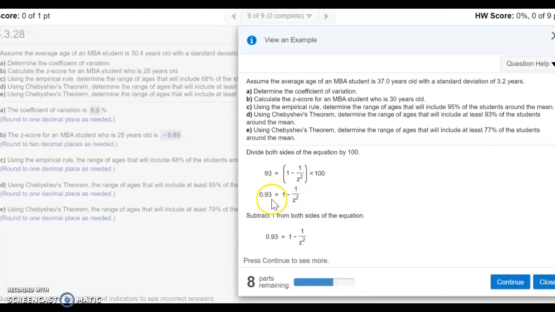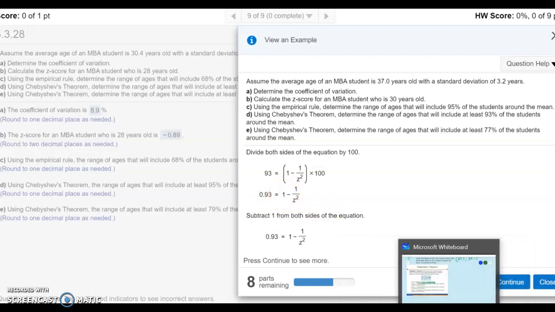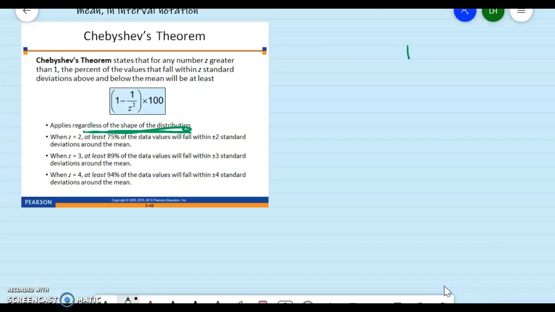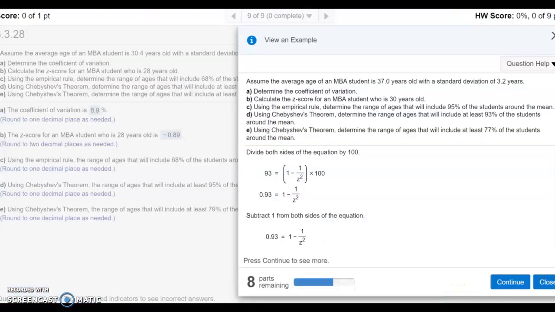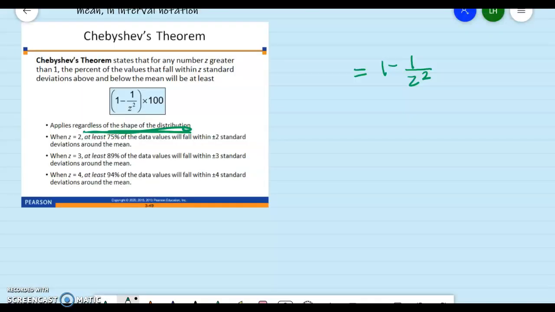So you may want to jot this down. When you're trying to work backwards, you're going to say 1 minus 1 over z squared. I wrote that wrong, but basically I have already solved it for where you can just plug it in, and I believe the percent was 95% in part D.